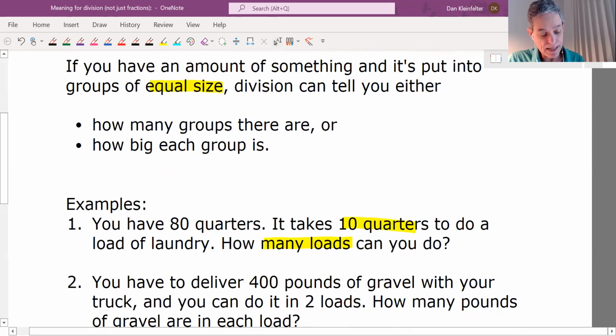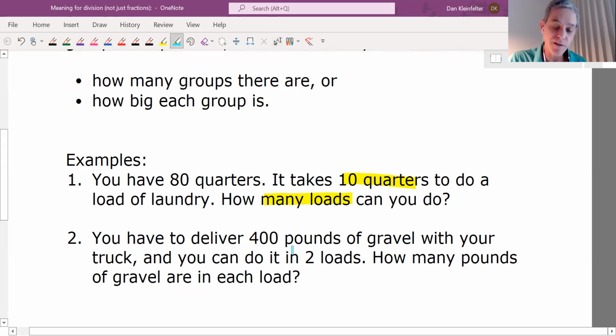Next example. Suppose that you have to deliver 400 pounds of gravel with your truck, and you know you can do it in 2 loads. How many pounds of gravel would end up being in each load? In this case, you have this whole amount, 400 pounds, and you're putting it into a known number of groups, and you want to know how big each group is, or each pile of gravel in this case.